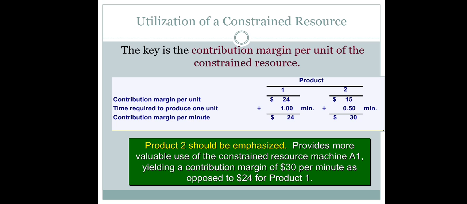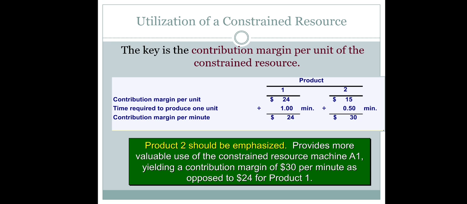So contribution margin per minute for product 1 is $24. For every 1 minute machine use to produce product 1, the contribution margin that the company can generate is $24. But for product 2, for every 1 machine minute, the company can generate $30 contribution margin. Why $30?